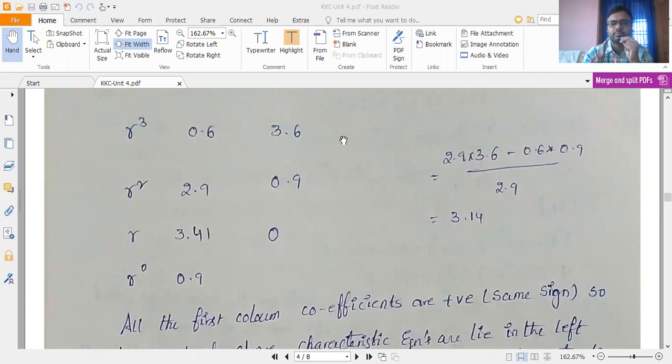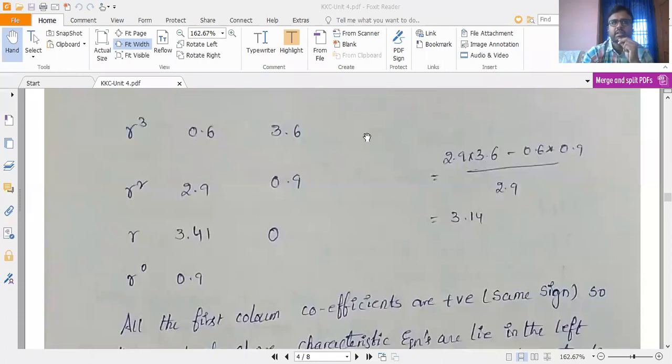Initially, we have to convert the z plane into the r plane by simply substituting the transformation equation, that is z is equal to r plus 1 divided by r minus 1. With this substitution, the z plane is converted into the r plane.